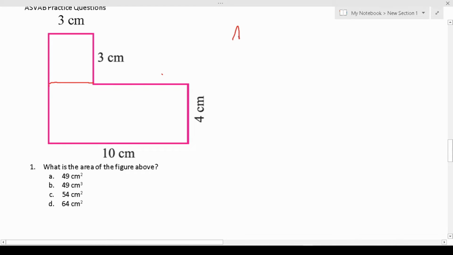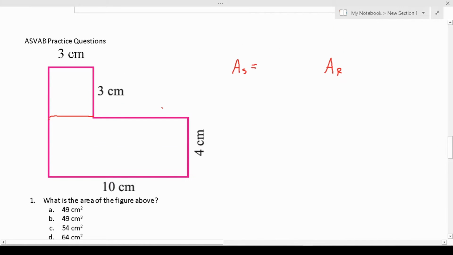I'm going to call this area of the square, and we'll call this area of the rectangle. Let me go ahead and move up a little bit. Again, as we know, the area of a square is the same as side times side, whereas the area of a rectangle is length times width. In this case, we know what all of those are, so let's go ahead and plug them in accordingly.